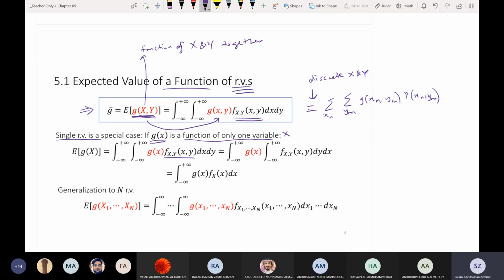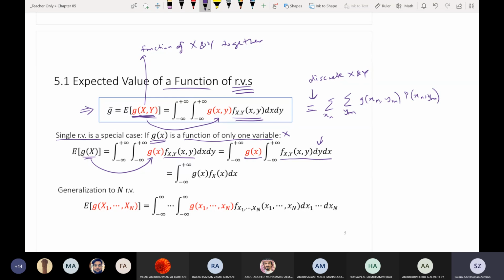We don't have the marginal of x. Then this basically comes next to here. Now, if we integrate, we can see that we can divide the integral into two parts, functions of x and function of y only. So you can see that you can integrate first with respect to y.